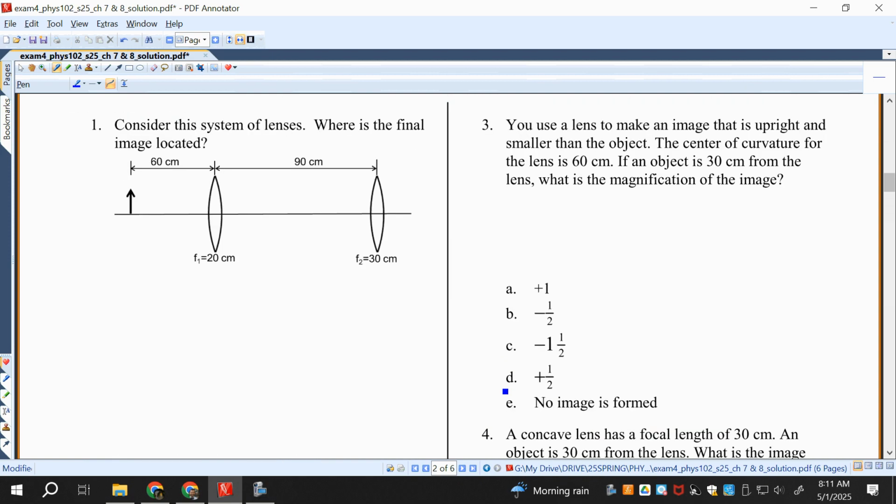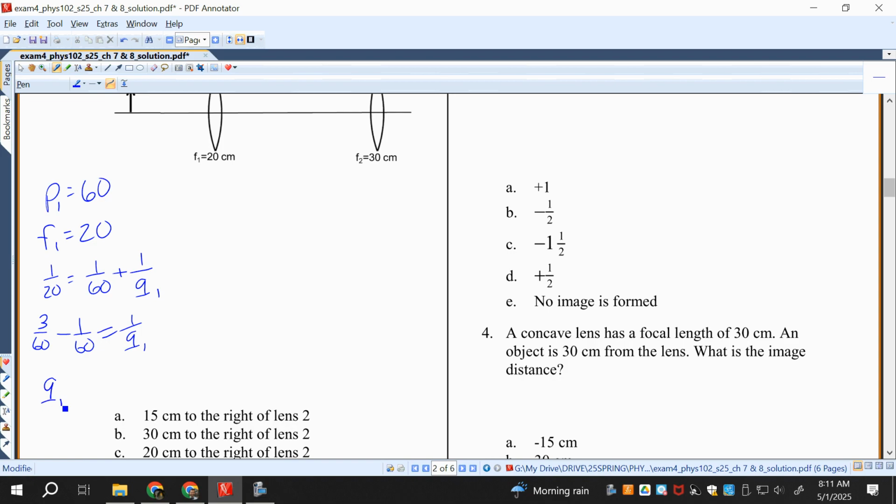This is a lot like the free response of a 2-lens system, except I just want to know what Q2 is. So P1 is equal to 60, F1 is equal to 20. So I say 1 over 20 equals 1 over 60 plus 1 over Q1. I'll go ahead and convert that to common denominator. And so Q1 is equal to 30 centimeters.